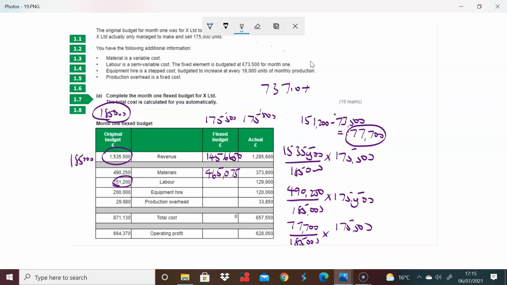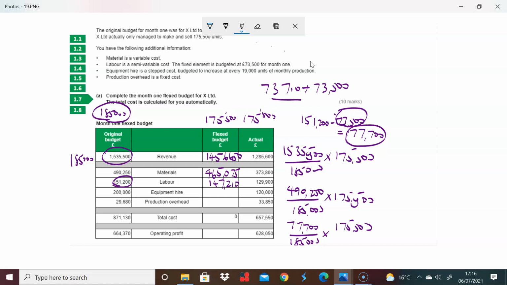Remember, this is a semi-variable cost of 73,500. This is a fixed element, and now I've isolated the variable element. Add those two together, 73,500, and you have 147,210.